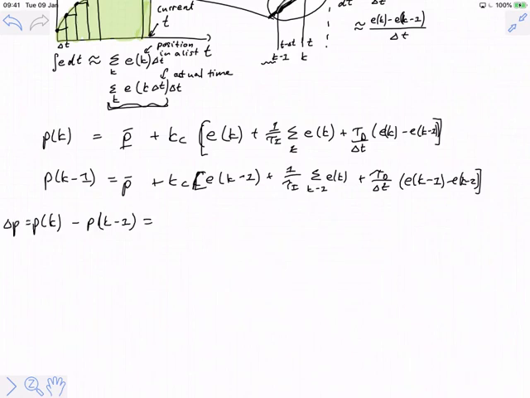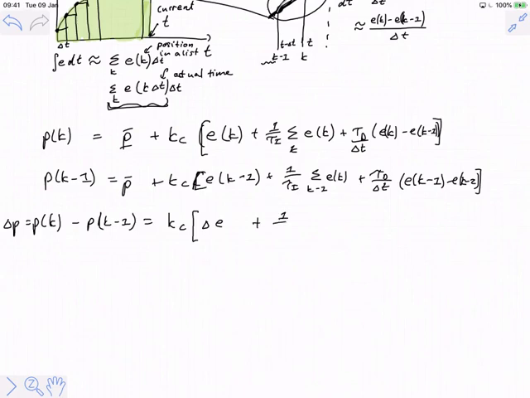And the nice thing about subtracting these from one another is that the bias goes away, right? So the bias falls away. I don't have a bias anymore. I just now have Kc. I have e_k minus e_k-1, which is delta e, right?